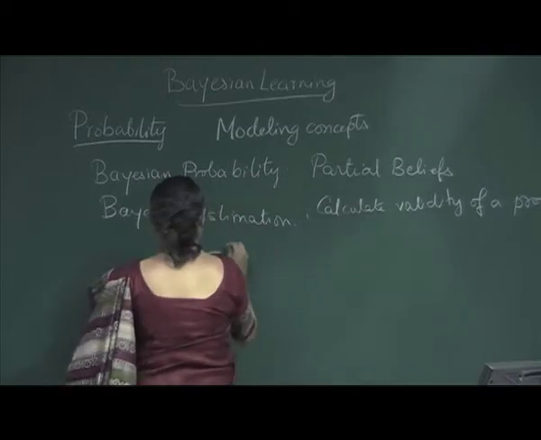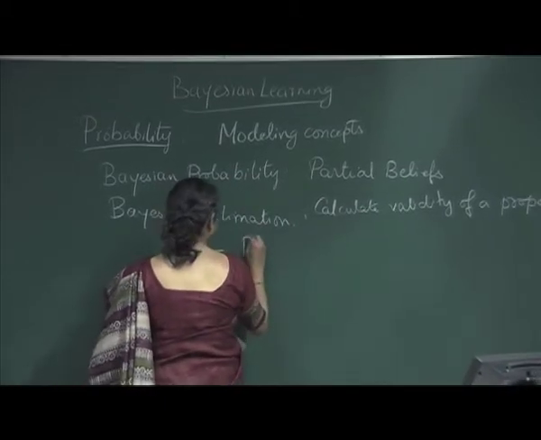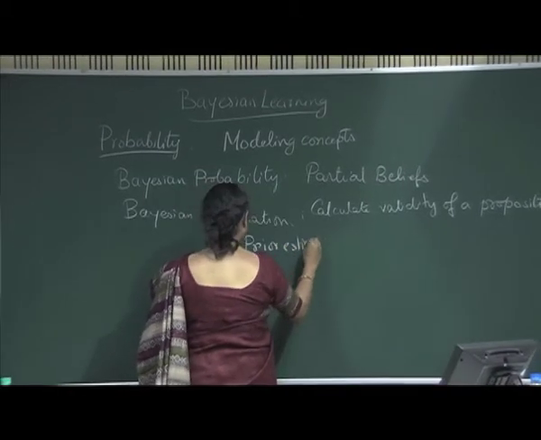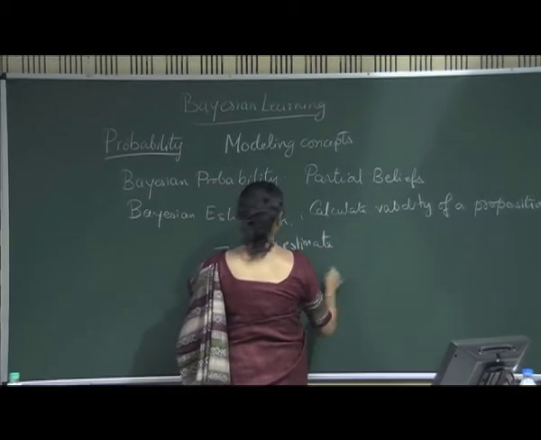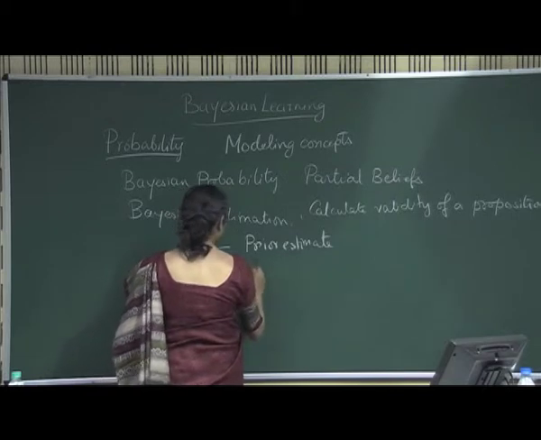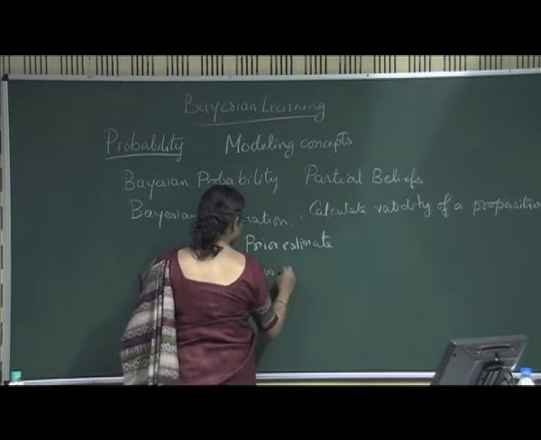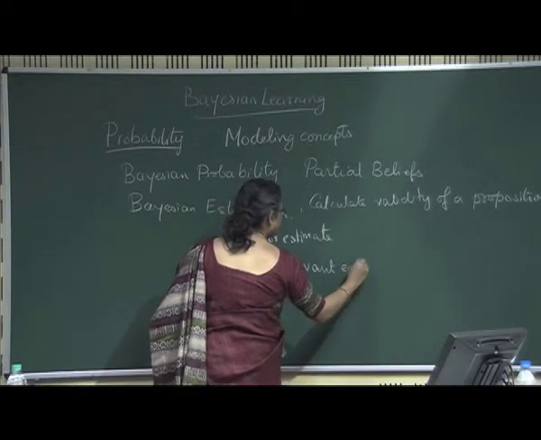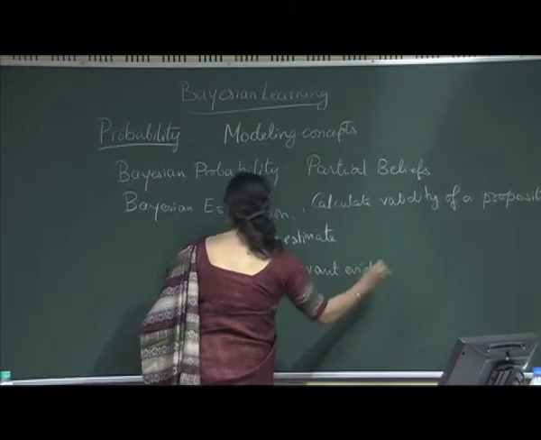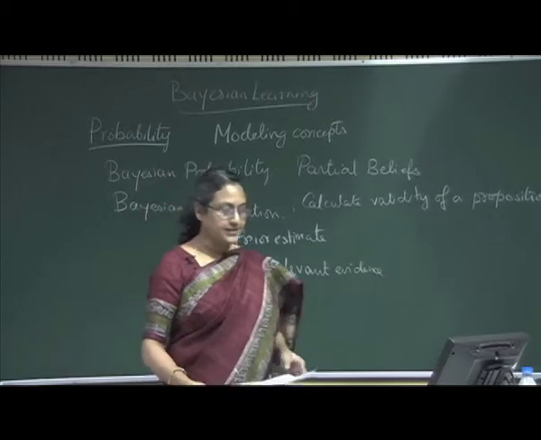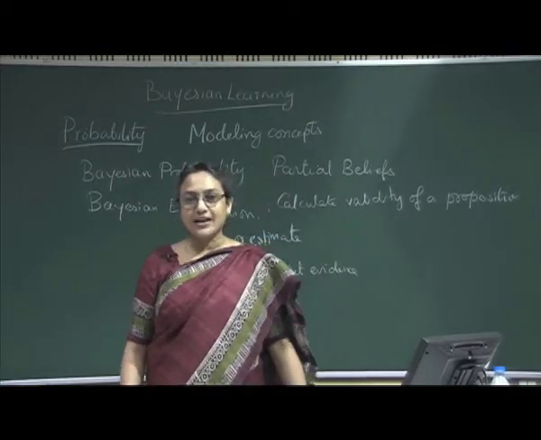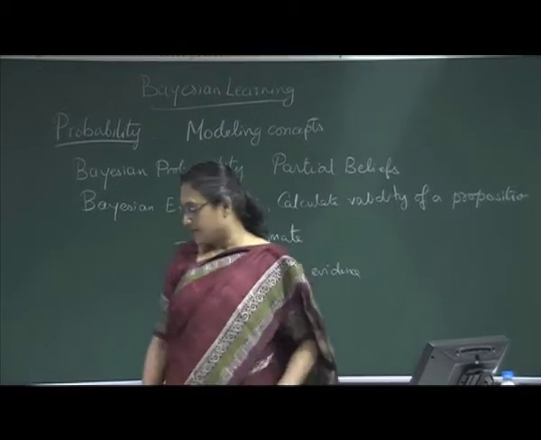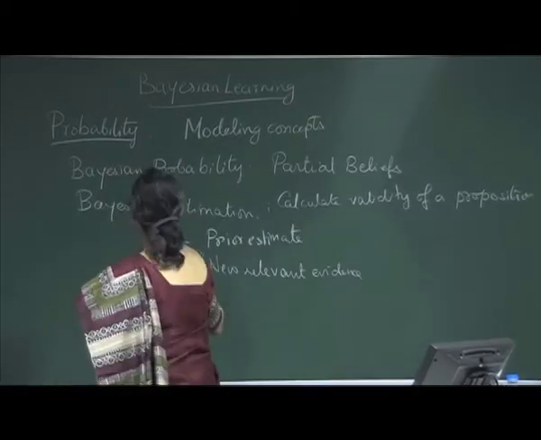Number one, the prior estimate of its probability. And secondly, new relevant evidence. Based on this, the posterior Bayesian estimation is done, and the key to this is an important theorem called Bayes' theorem, which we will introduce now.